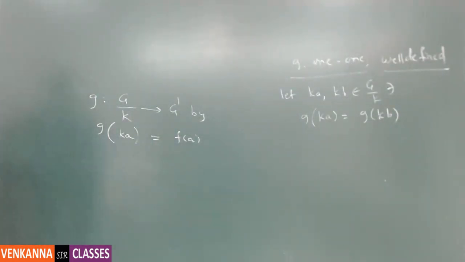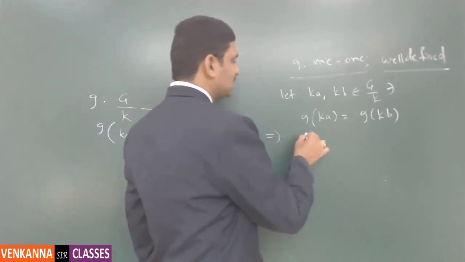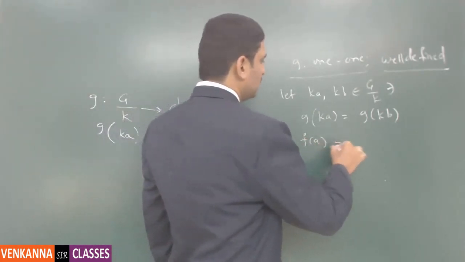So I have taken that two images are equal. I have to prove that the corresponding elements are equal to show that it is a 1-1 function. So from the definition of g, you can write f of a equal to f of b.